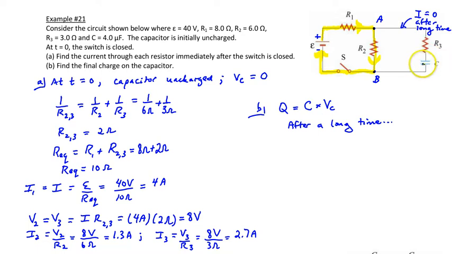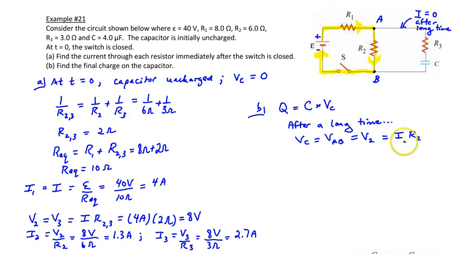And the voltage of the capacitor will be equal to the voltage across A to B, which is the voltage across resistor 2. Now, you can find the voltage across resistor 2 by taking the current I times resistance 2. Don't make the mistake of thinking that current is the current of 1.3 amps. That was what it was at t equals 0.